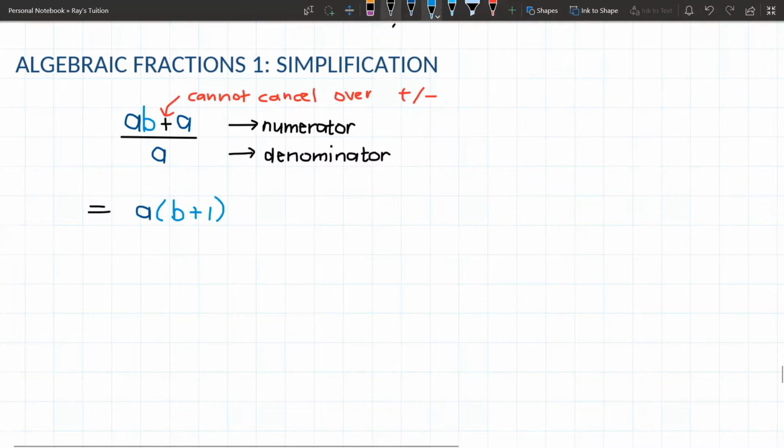So we take out A as a common factor and we're left with B plus 1. And then we still have the A in the denominator. Now we can cancel the A with the A because now the operation between these is multiplication, not addition or subtraction anymore. And this leaves us with our final answer of B plus 1.